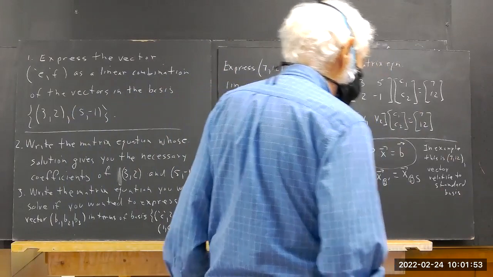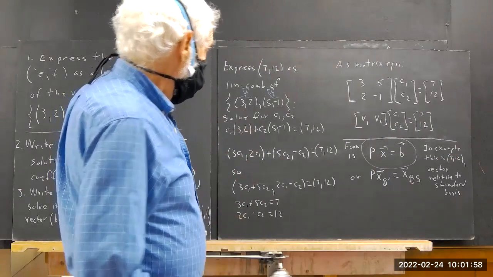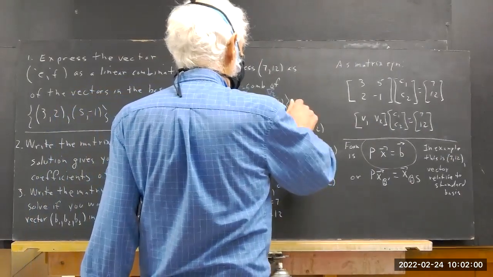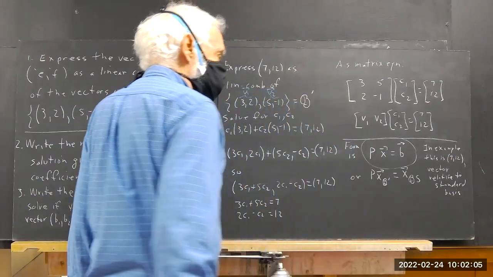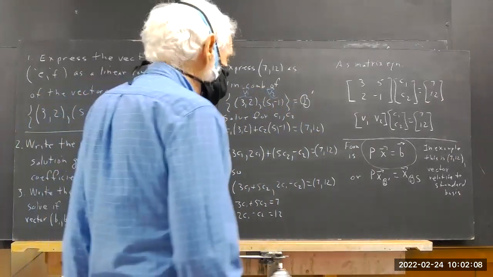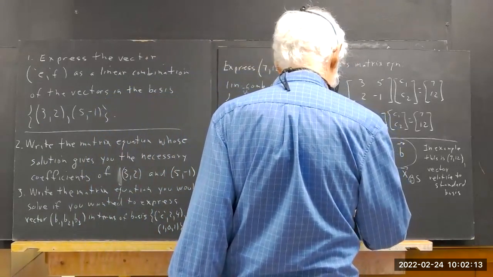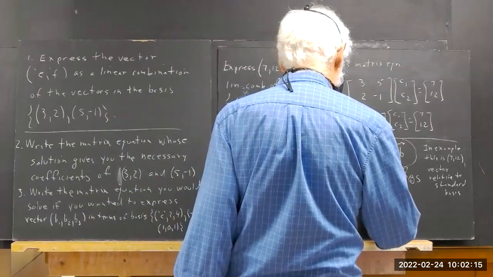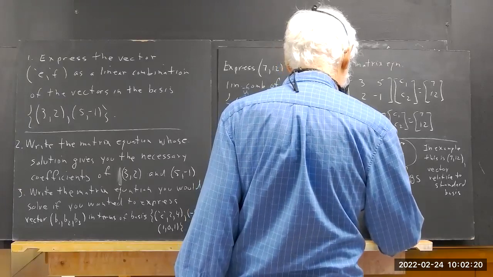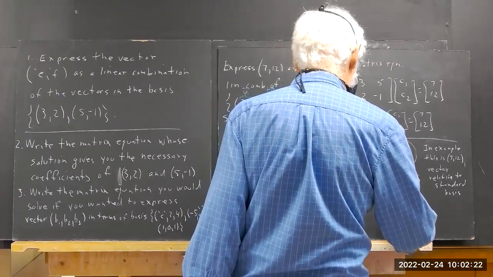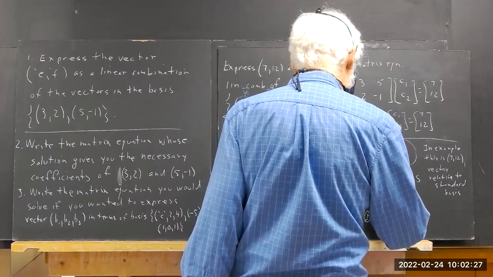This is what we're going to call the representation relative to this basis. And now I'll give this basis a name. This is your basis B prime. So this is the vector 7, 12 relative to the basis B prime.